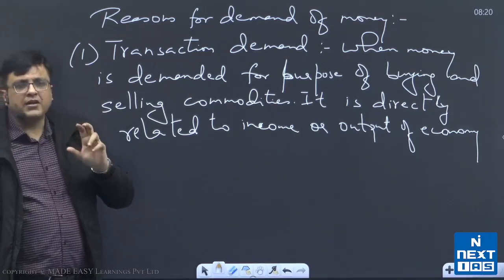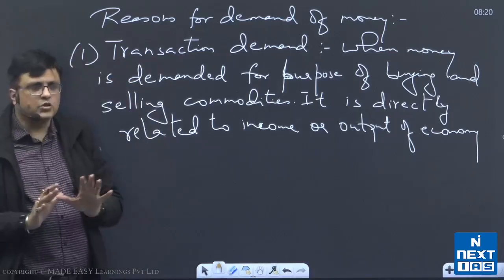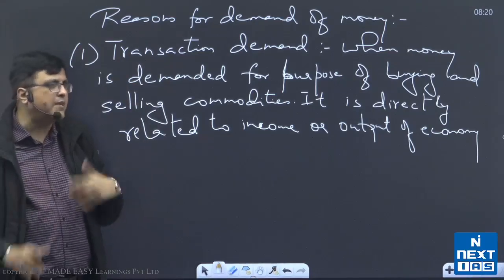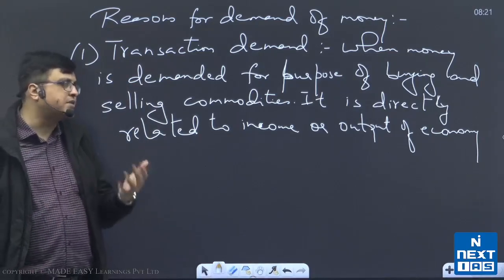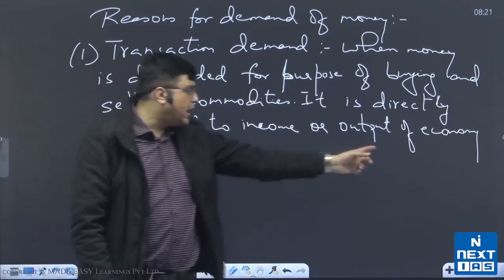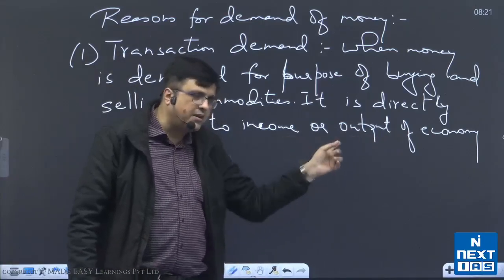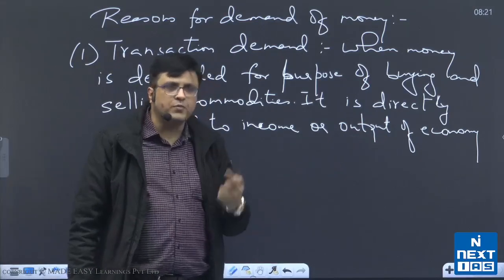Now remember, we are thinking macro here, the whole economy. So a country, an economy will demand more money as it becomes richer. Remember, I am using output or income interchangeably with the idea of circular flow behind it.